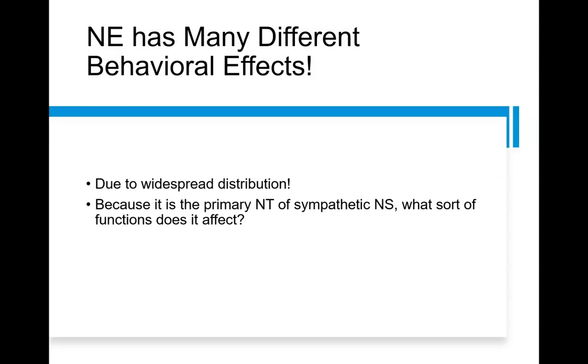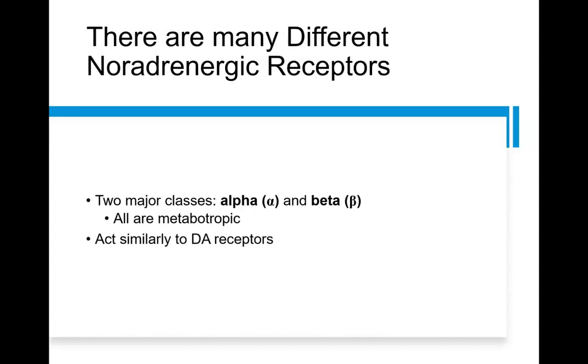Because it is the primary neurotransmitter of the sympathetic nervous system, we know that it's going to affect a variety of different functions that are critical when we are in fight or flight. So this will include things like arousal, our sense of alertness, attention, sleep-wake behaviors, cognition, and also storing emotional memories.